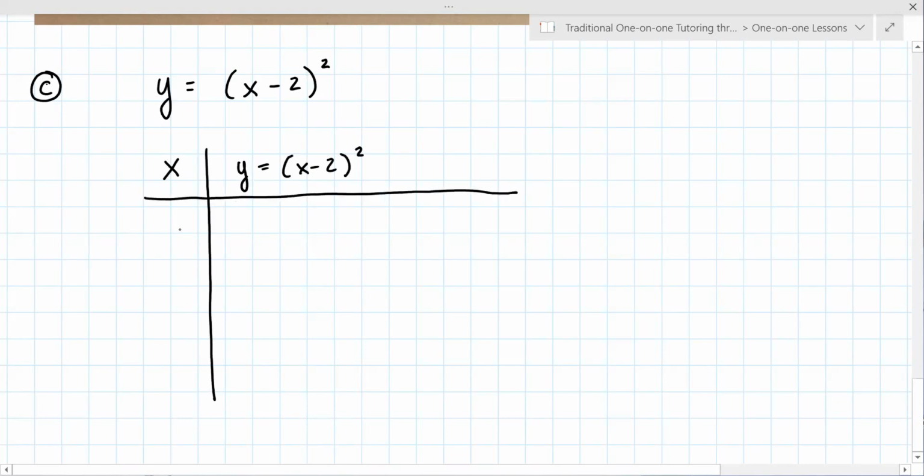This time we're going to try the values 0, 1, 2, 3, and 4. So let's start with the top here. y equals (0 minus 2) squared. Order of operations says you do what's inside parentheses first, then you square it.